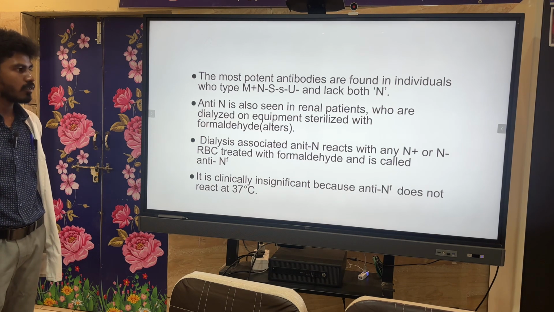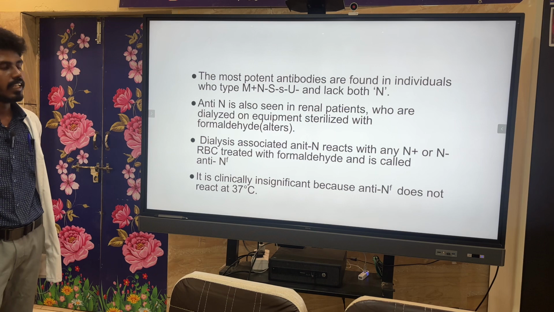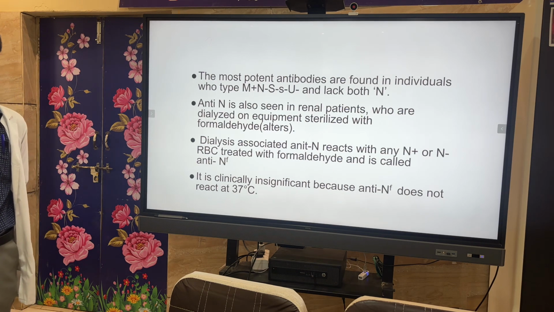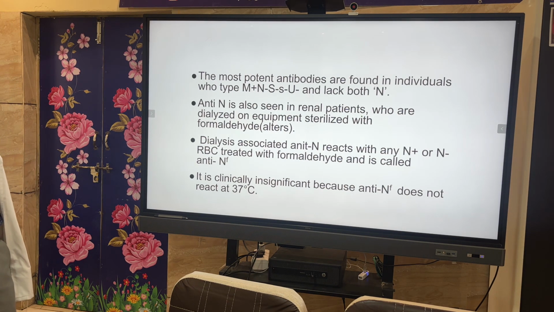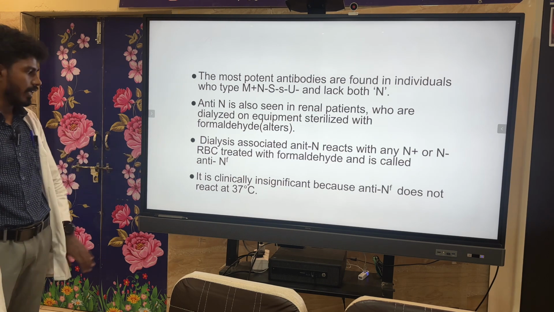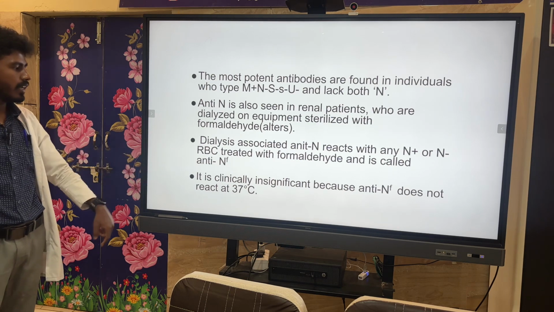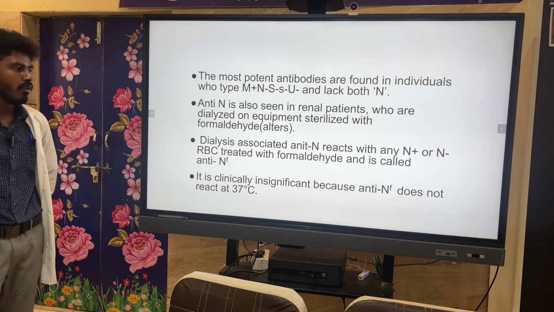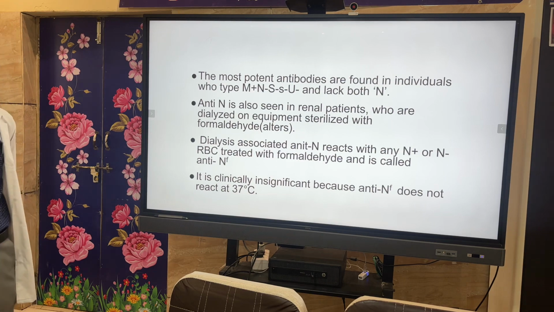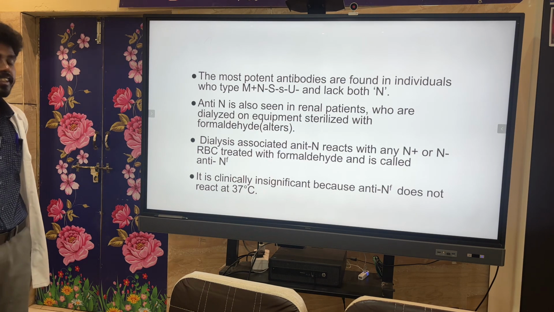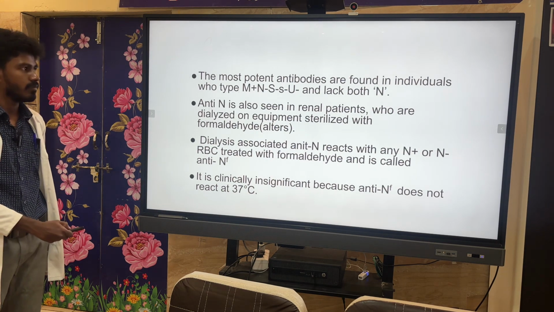The dialysis associated anti-N reacts with any N positive or N negative RBC treated with formaldehyde and is called anti-Nf antibody. It is also not clinically significant because anti-Nf does not react at 37 degrees Celsius. It reacts below 37 degrees Celsius.